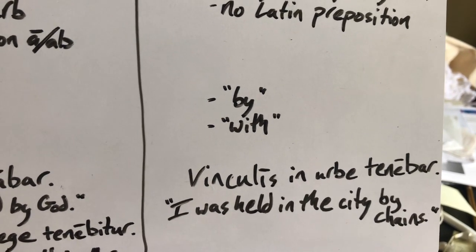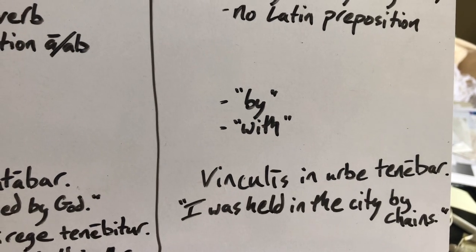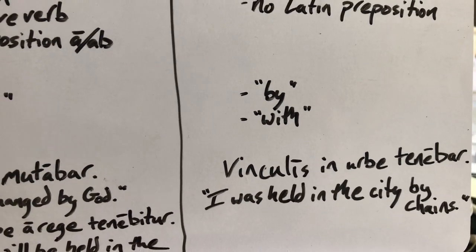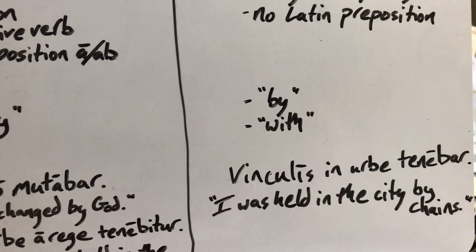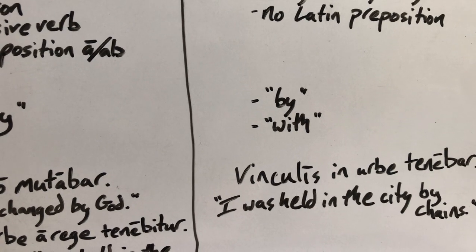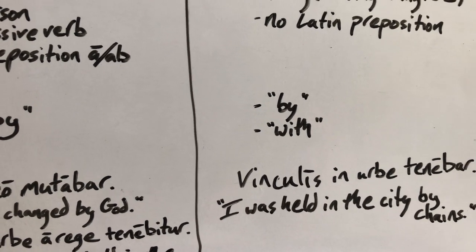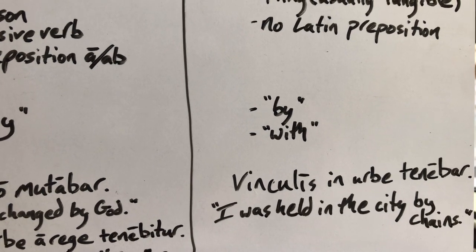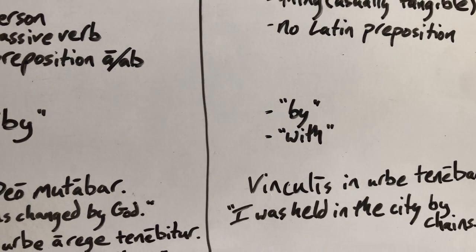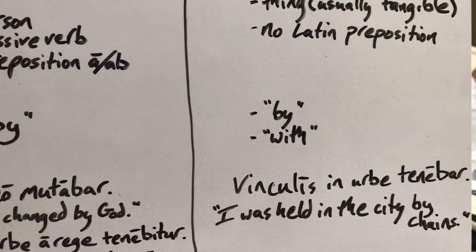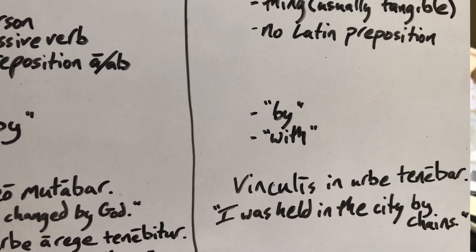So that's the difference between ablative of agent and ablative of means. I would encourage you, if you look on page 148 of your book, they give you several sample sentences that can show you the difference between ablative of agent and means. So I encourage you to look at those sentences and read them over and review them.